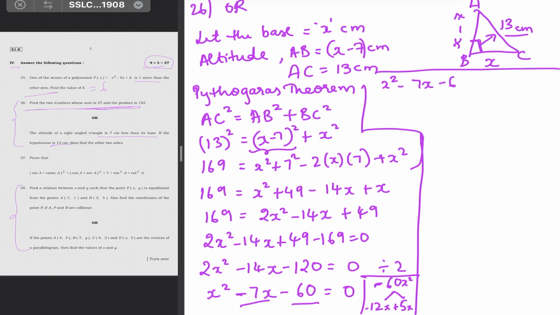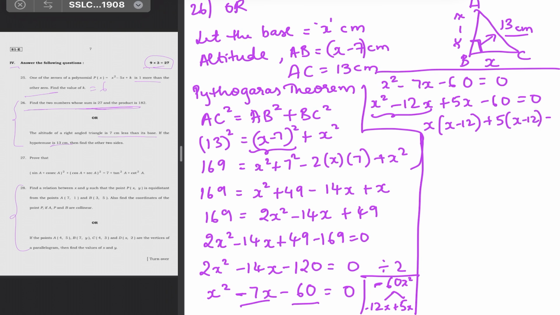So, x square minus 7x minus 60 equals 0 can be written as x square minus 12x plus 5x minus 60 is equal to 0. Taking x common, x minus 12 plus 5 is common, x minus 12 equals 0. 5 twelves are 60. Again x minus 12 is common, and the remaining factor is x plus 5 equals 0. Therefore, x is equal to 12 and x is equal to minus 5.